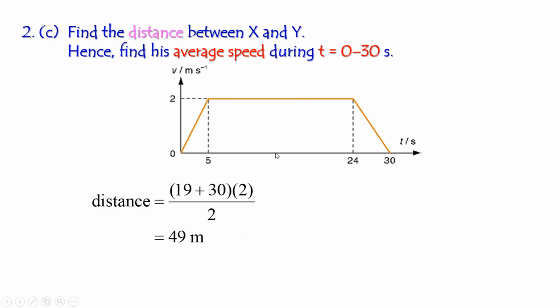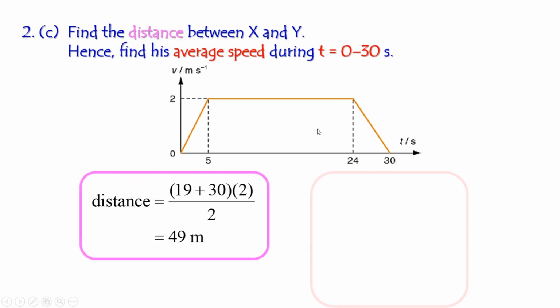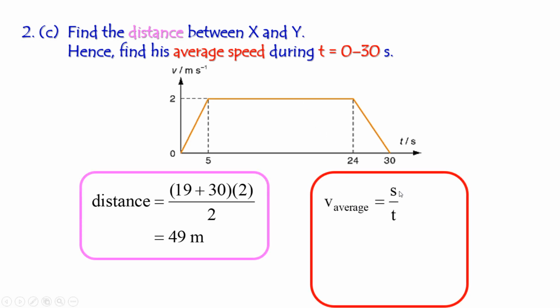And the area represents the distance traveled, so it is in meter. Is it okay? And how to find out the average speed throughout the journey? The maximum speed during the journey is 2, but what is the average speed? The average speed can be found out by using this formula: the total distance traveled divided by the total time taken, right?